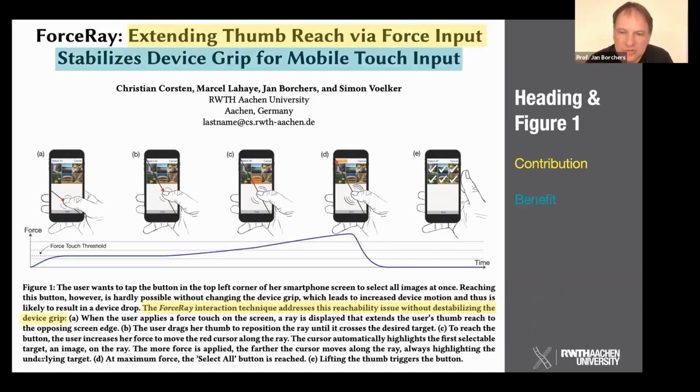The contribution is using force input in order to extend the reach of the thumb. So using force, not something else, to extend thumb reach. That appears to be the contribution if I only read the title. And why is that interesting? Well, that's the benefit, because it stabilizes the device grip for mobile touch input. So we have contribution and benefit already laid out essentially in the title.